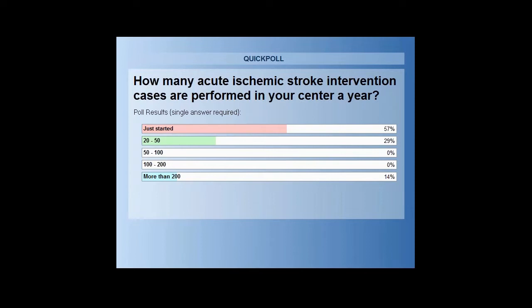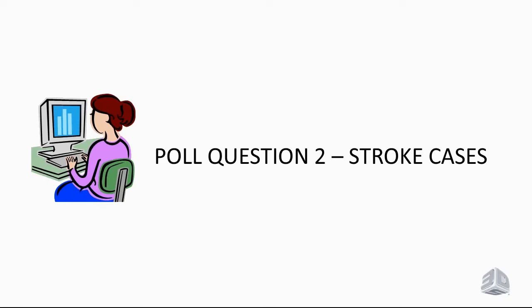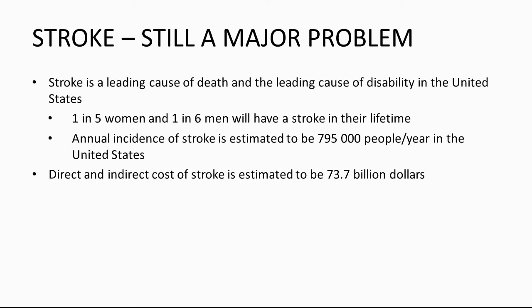Somebody's got tremendous experience with over 200 cases. But that's not surprising. The jump from endovascular procedures for aneurysms, AVMs, and so on to acute stroke requires a whole different infrastructure, and it's not surprising that people are just starting to do this with any great enthusiasm.